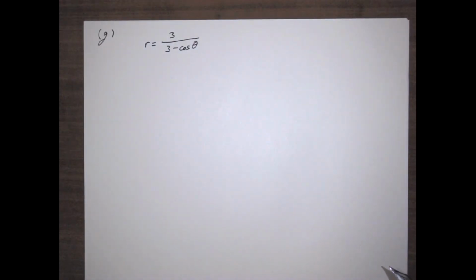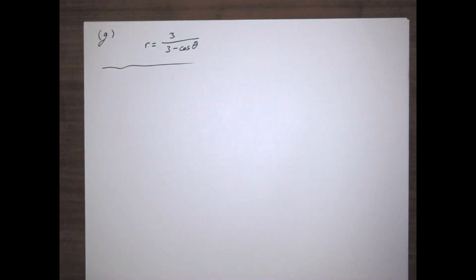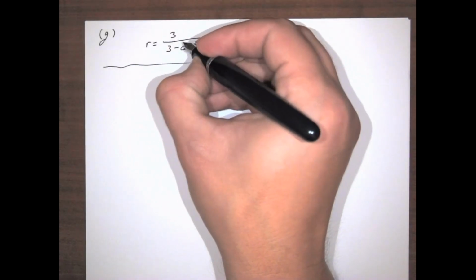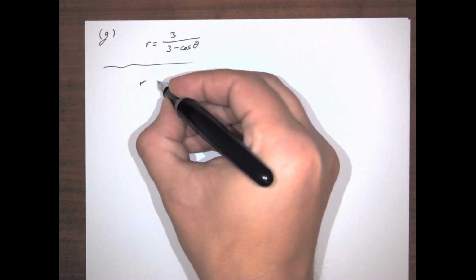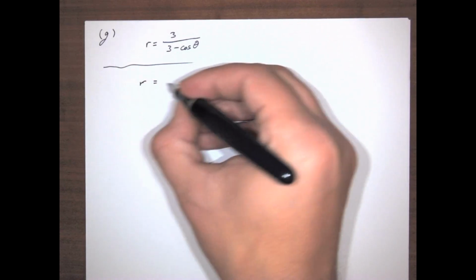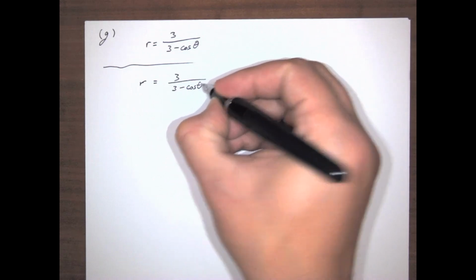Okay, well, let's look at what we've got here. So we want to try to express this in more familiar terms. So let's start by just multiplying both sides by that denominator right there. So what's that going to give us?